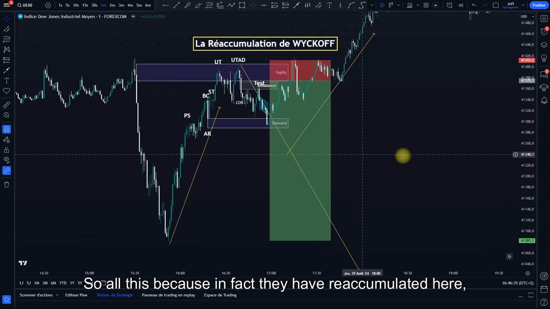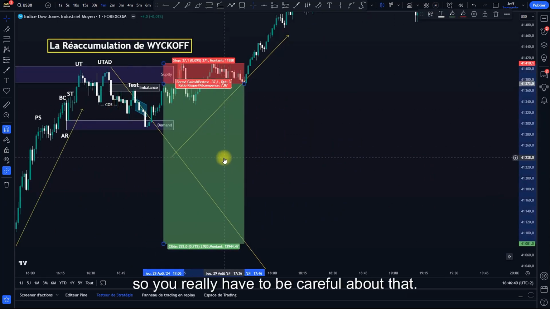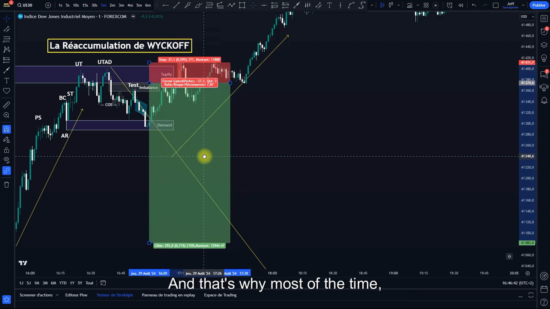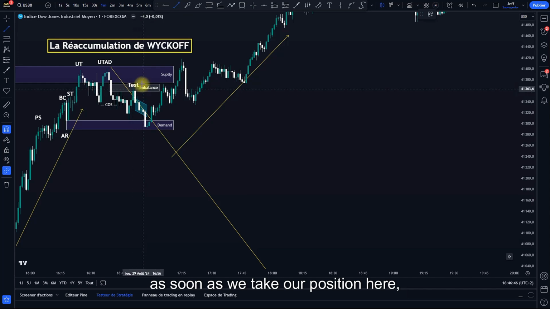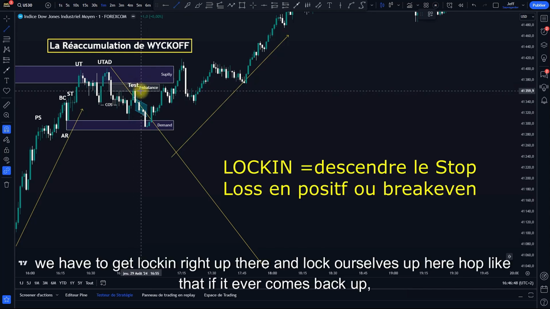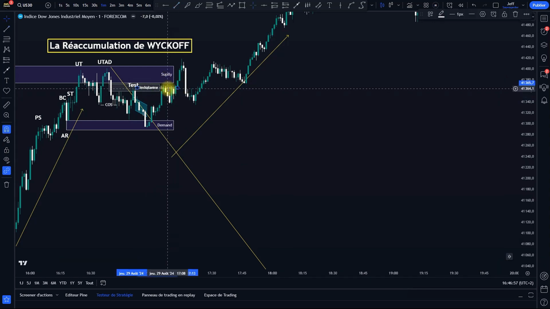All this because in fact they have reaccumulated here. So you really have to be careful about that. That's why most of the time, as soon as we take our position here, we have to lock in right up there, and lock ourselves up here. If it ever comes back up, at least we haven't lost anything.